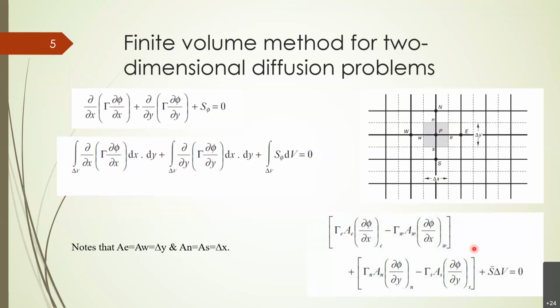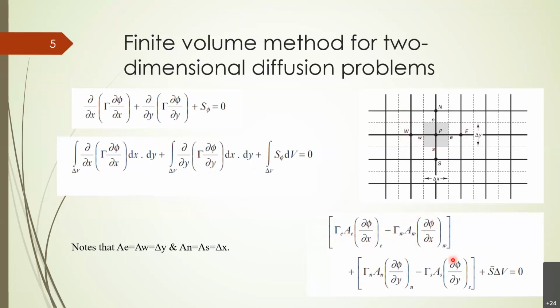We can just represent it like this: Γe Ae ∂θ/∂x for the E point, the final one minus the initial one, minus Γw Aw ∂θ/∂x for the W point.